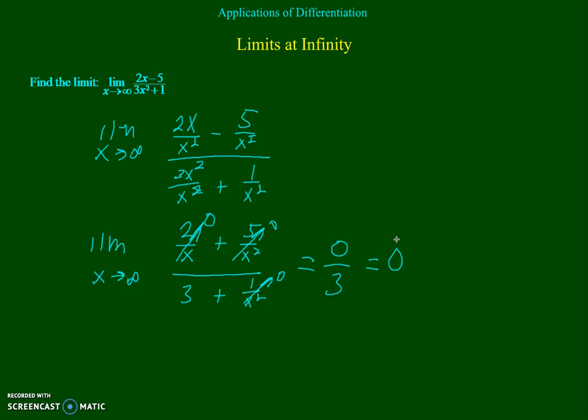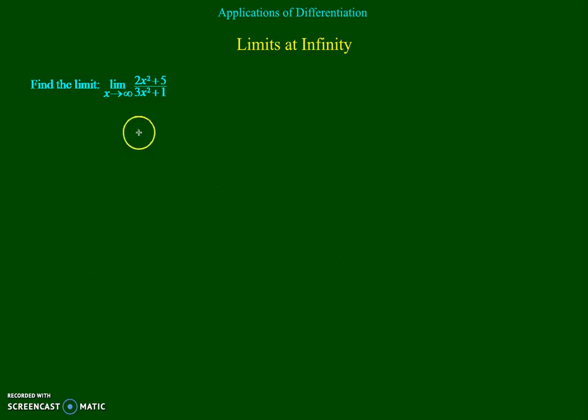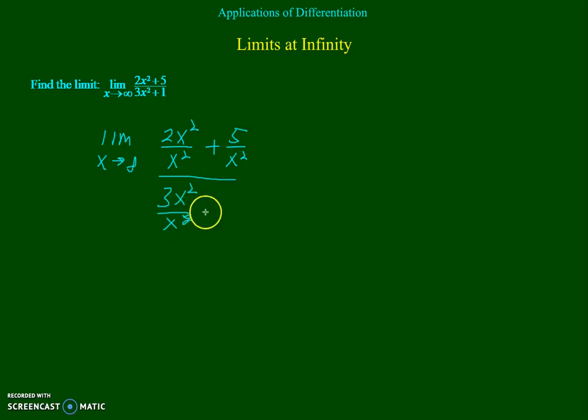All right, let's move on to another example. Here both the numerator and denominator have the same degree, so we'll do the same technique. So it's 2x squared over x squared plus 5 over x squared, over 3x squared over x squared plus 1 over x squared.